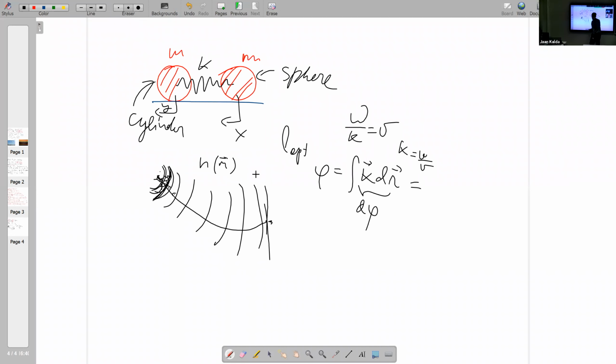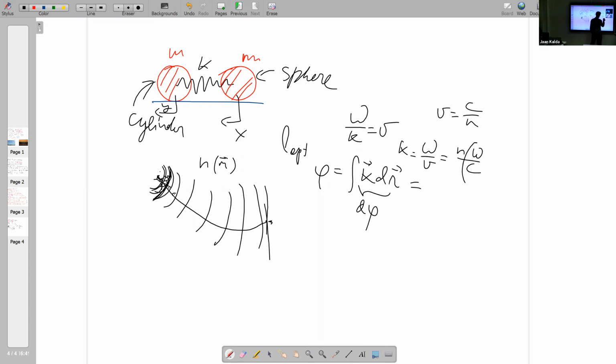All right, so because k is omega divided by v, but v is c divided by n, we obtain here k is n times omega divided by c.